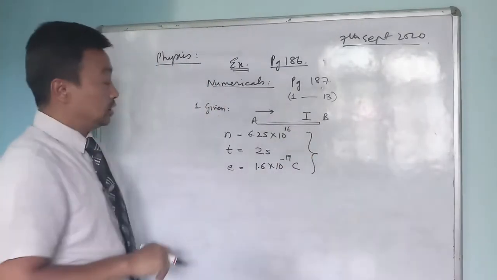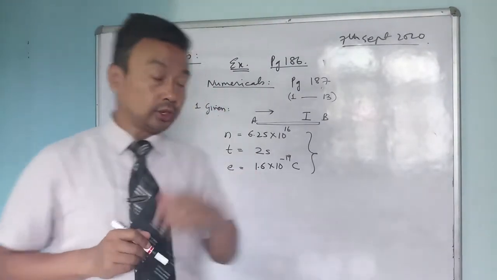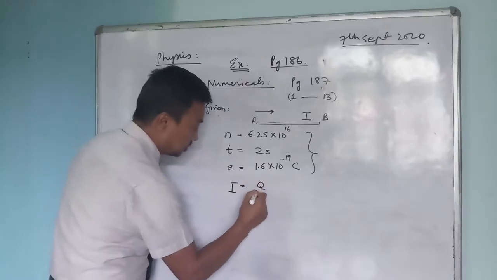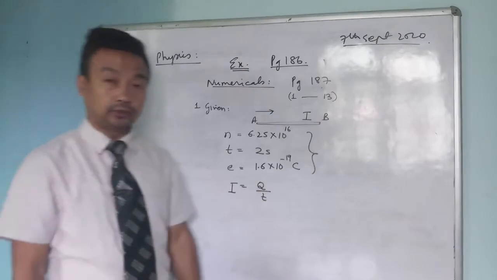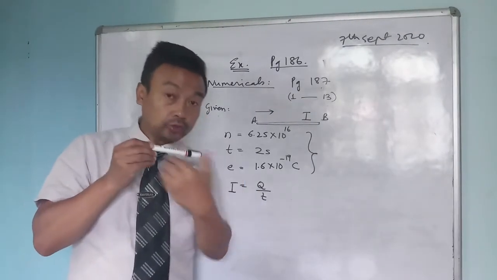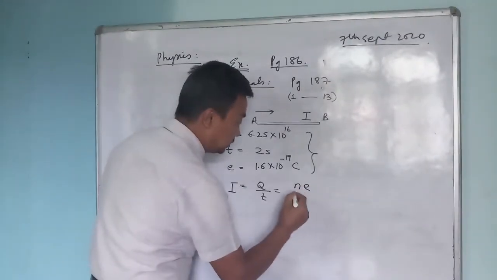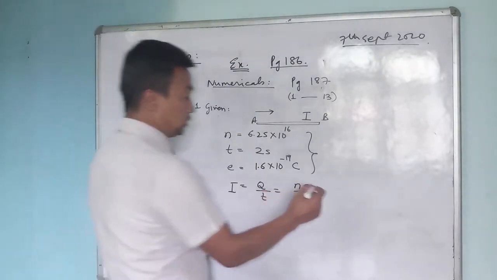So we have learned that the formula for the current is I equals Q by T, if you recall this. Yes or no? Now, Q is the charge. And what is the charge? The charge is the number of electrons present in a conductor. And we also know the formula of the charge, N into E. So now it becomes quite easy.